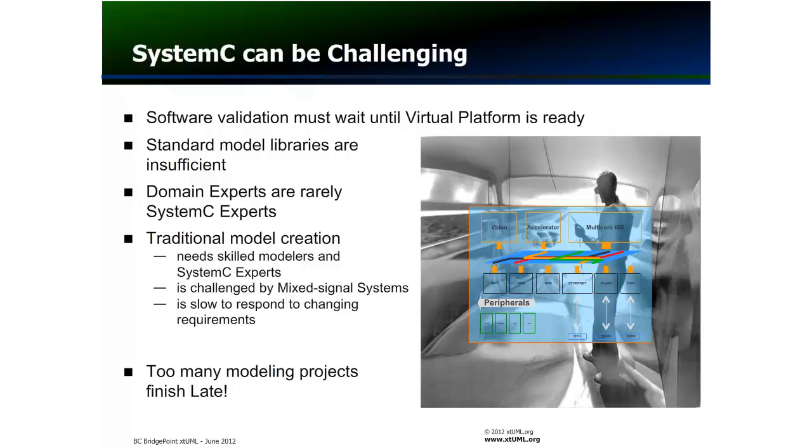For those missing components, the effort typically falls on the domain expert, and while they have the required domain knowledge, they are rarely SystemC experts as well. This experience gap is even greater if the missing model also contains analog or continuous time behavior.